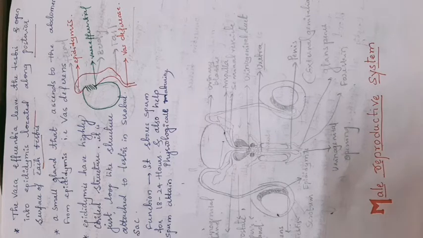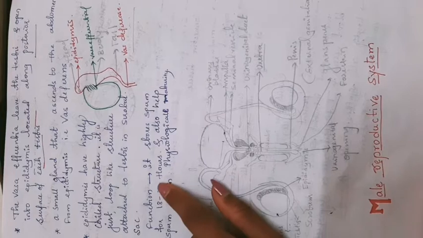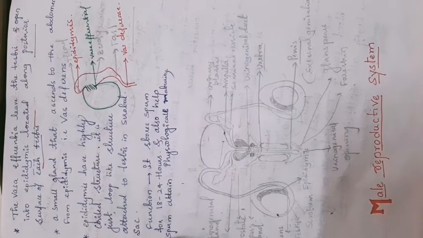Okay. Then what is the main function of the epididymis? It is very important. Please remember this one. The function of the epididymis: it stores the sperm for 18 to 24 hours. This is the first function. It also helps the sperm attain physiological maturity.